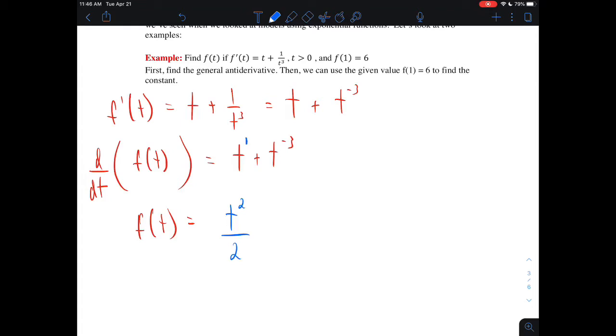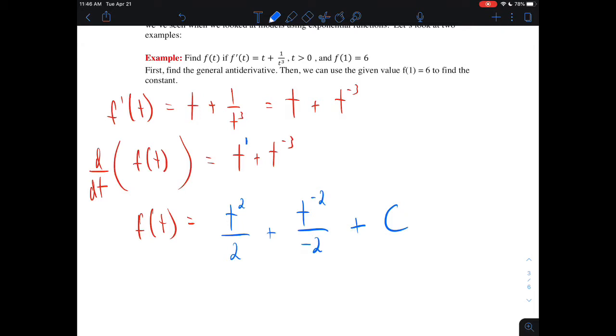And then with the second piece of this, t to the negative 3, I again need to add 1 to the power. So that would be negative 3 plus 1 is negative 2, but then I have to divide by that new power. So antiderivatives with power functions increase the power by 1 and divide by the new power. You can see that this is pretty much the opposite of what we did with derivatives. And then finally, we need a general antiderivative. So this is where we get plus c.